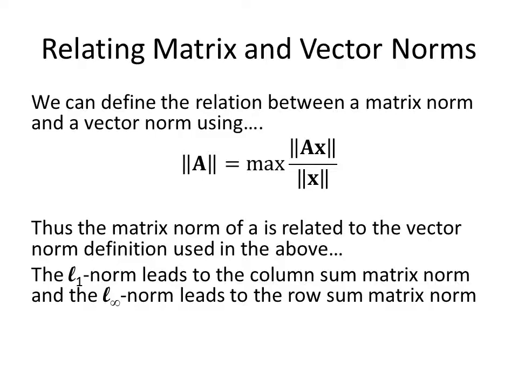This definition is useful because it shows that the L1 vector norm is what leads to the column sum matrix norm, and the L infinity vector norm is what leads to the row sum matrix norm. So they are related, and this is where those definitions of the different matrix norms come from.